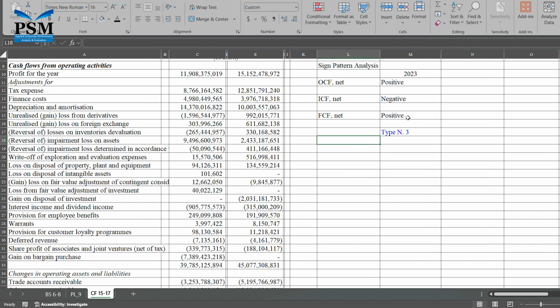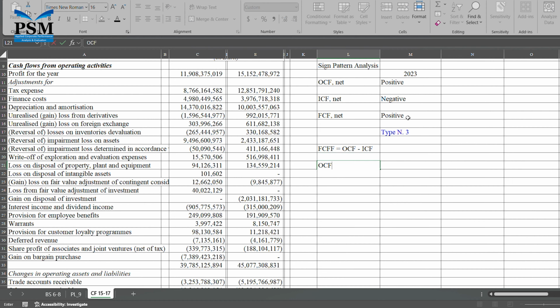Now we come to the second part, which is how to calculate the FCFF and the FCFE. FCFF equals operating cash flow minus investing cash flow. We need these two numbers.